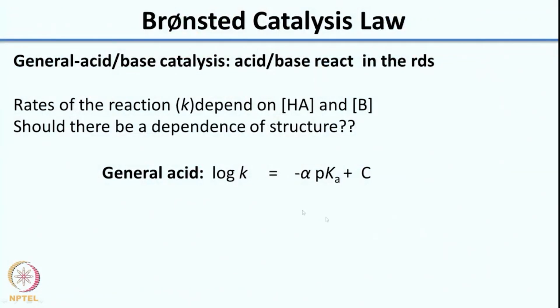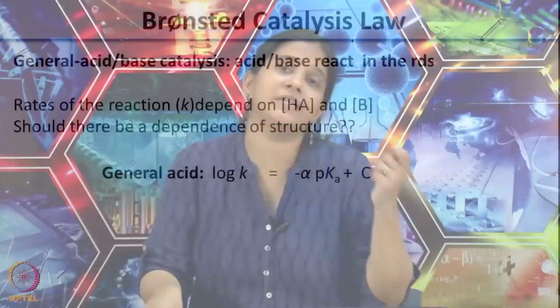In the Bronsted catalysis law, log of K is equal to minus alpha pKa plus C. C is just a constant to show you the intercept of the graph that you get if you plot log K versus pKa. Alpha is a sensitivity factor. Just like the name suggests, alpha will tell you how sensitive your reaction is to the acid strength, or in other words pKa.